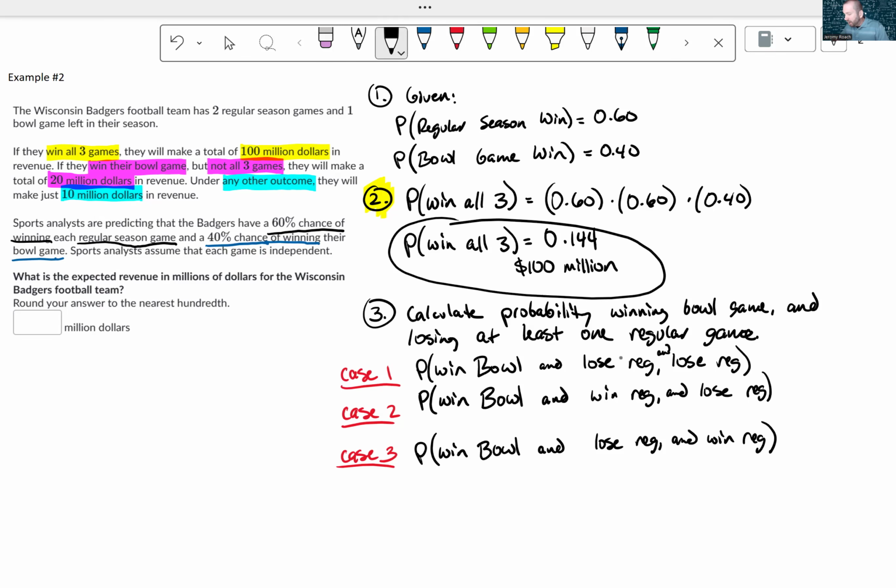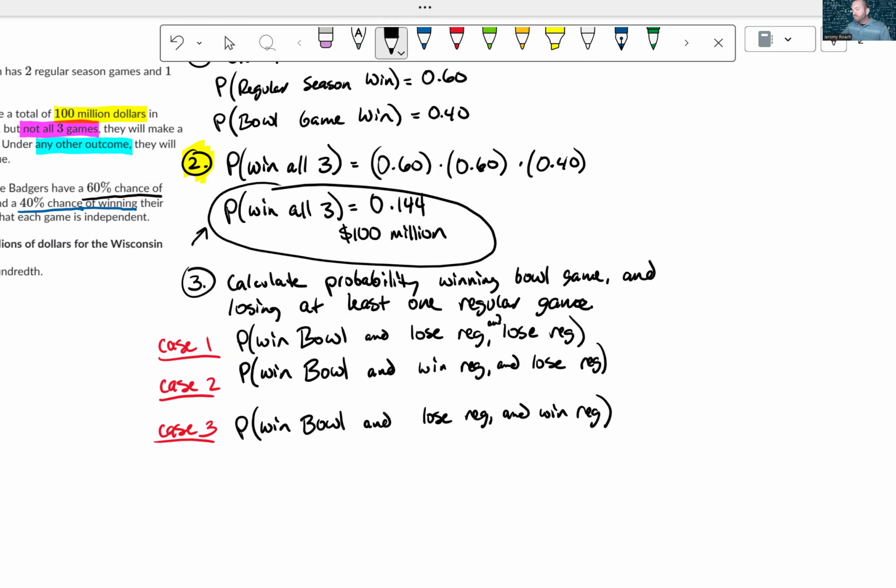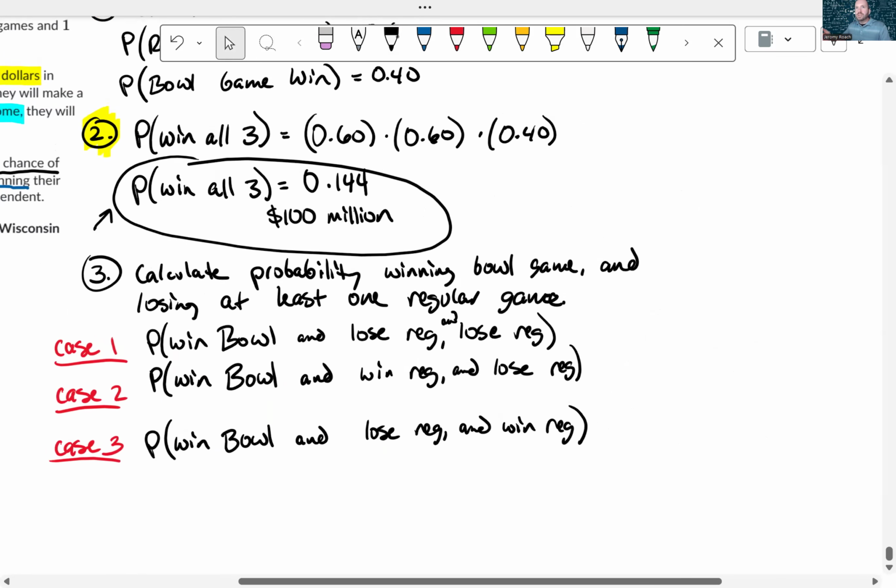Remember, we cannot have win bowl, win, win as one of these cases because that was already addressed, where we would just win all three games and get the 100 million. So these are all the different combinations that we can use to find the probability of winning the bowl game and losing at least one regular game.